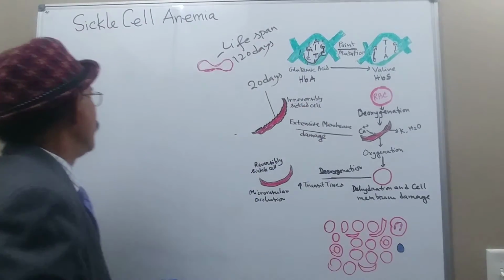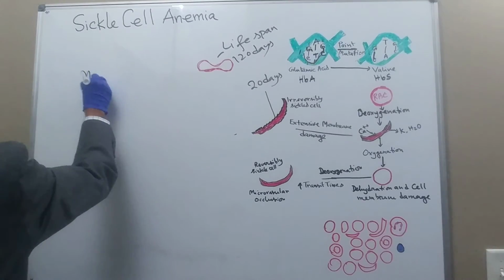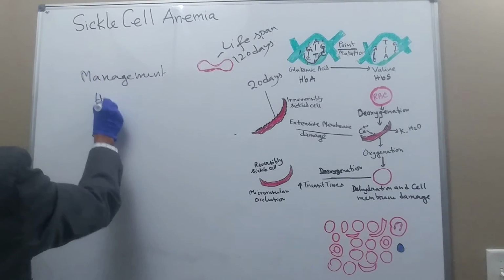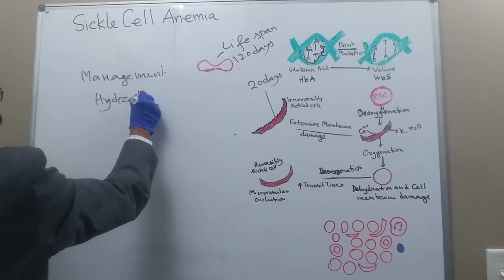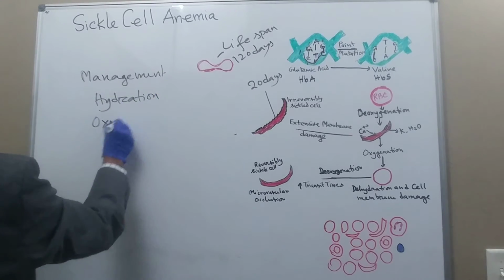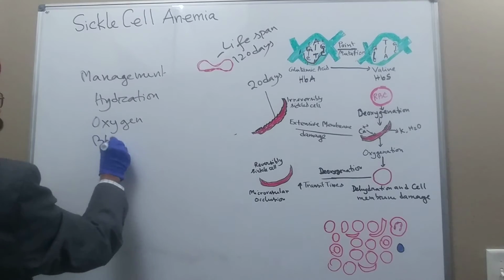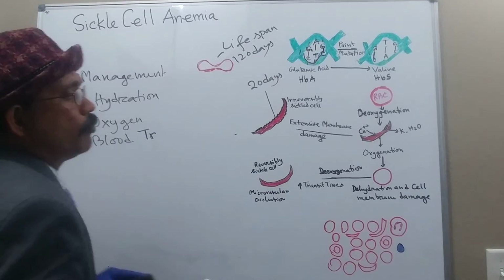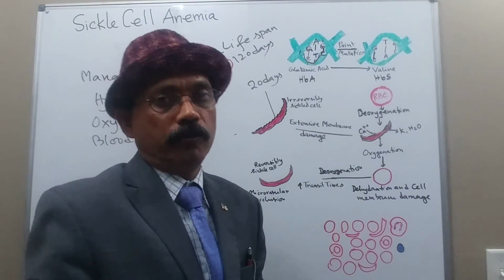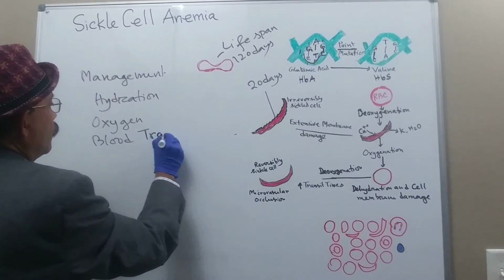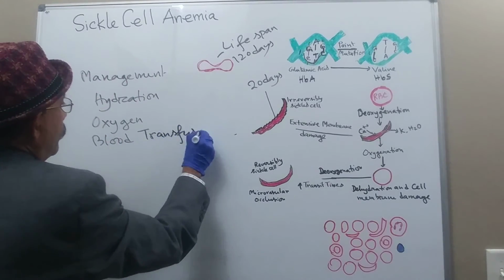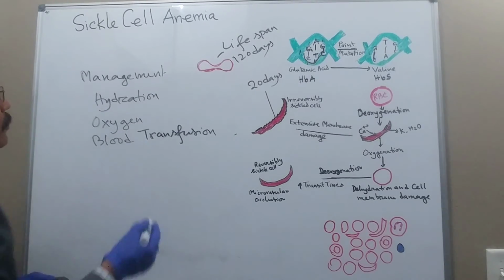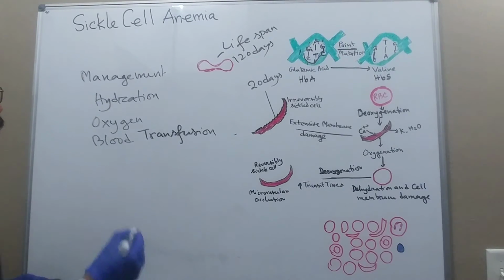So management is by hydration, oxygen, and blood transfusion. Blood transfusion should be judicious. Too much blood transfusion may lead to iron toxicity.